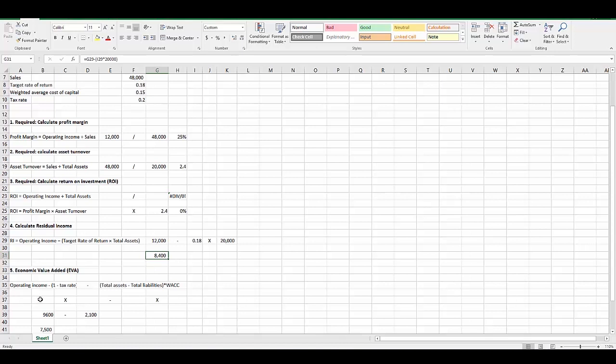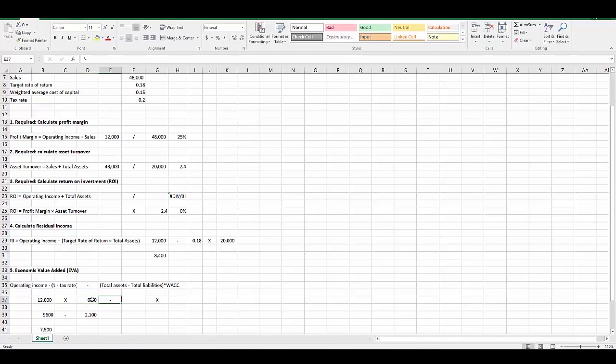So the first piece of information we're going to plug into the formula is your $12,000 operating income. The tax rate we're told is 20%, so 1 minus the tax rate is going to be 80%.